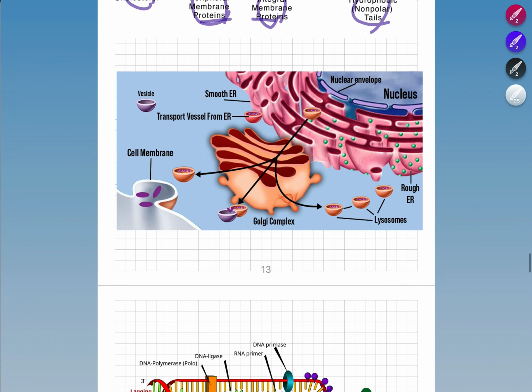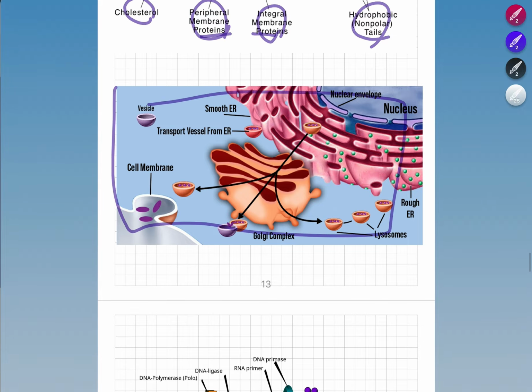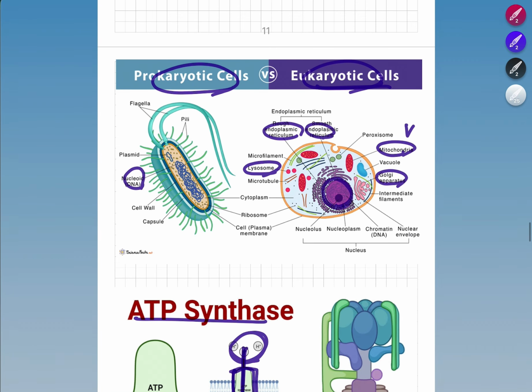Then is the mechanism of how proteins are generated within a cell. So this entire thing is basically a part of the cell here.